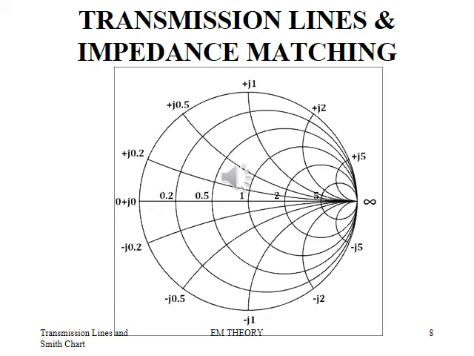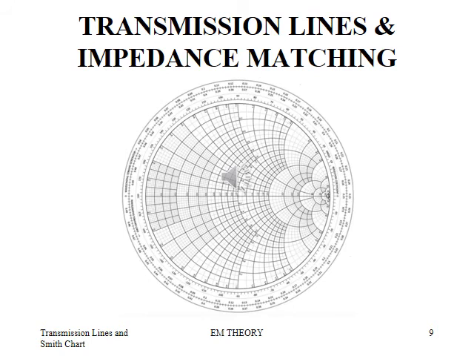So you have 0 plus j0 to the left, while to the right you have infinity plus j infinity. And then in between you have other values of impedance. The figure on this page just gives us a more detailed version of the Smith chart. The previous one was not very detailed because it was simply indicating what the values tend to be.